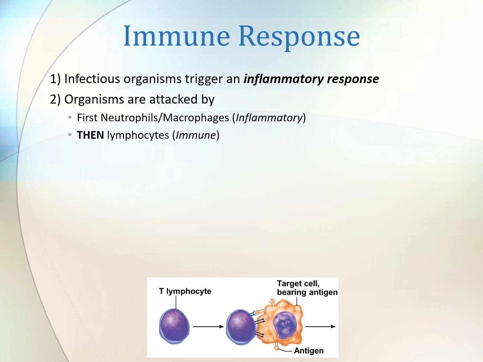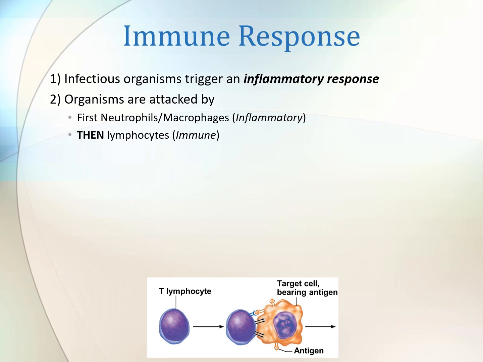So what is happening with the immune response? What are the steps that we take? First, some sort of infectious organism is going to trigger the general inflammatory response, right? Our neutrophils and macrophages are going to come in and try to take care of whatever is there.